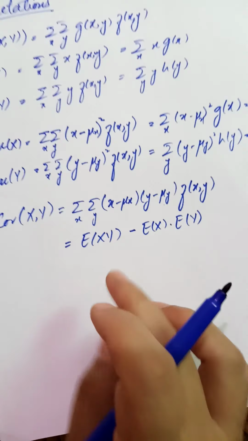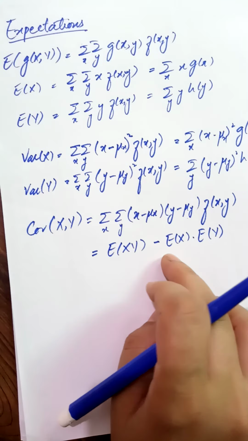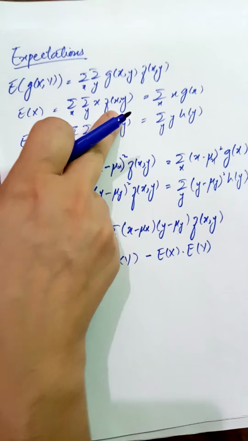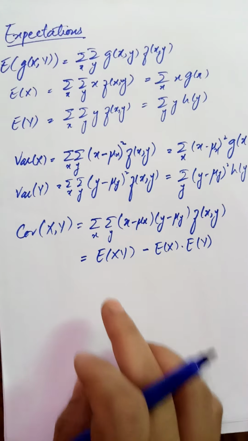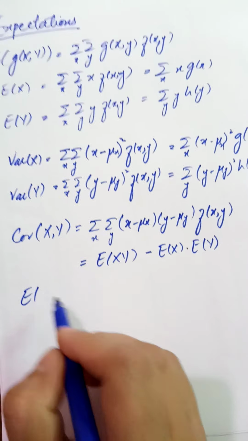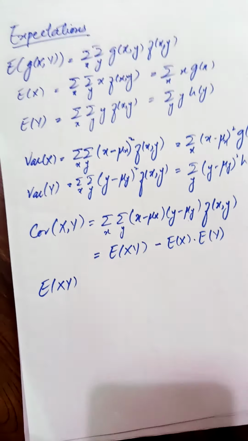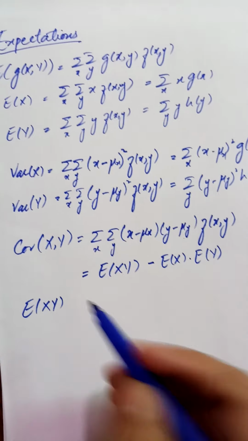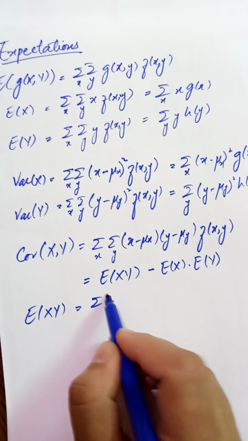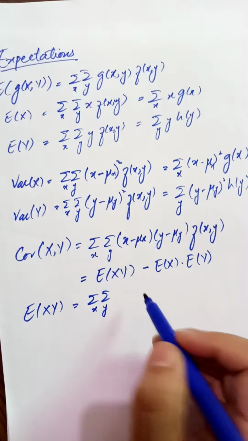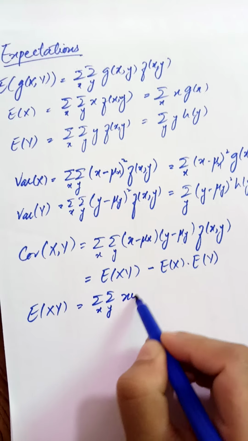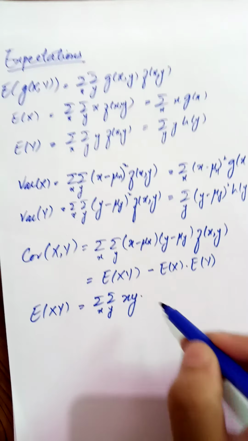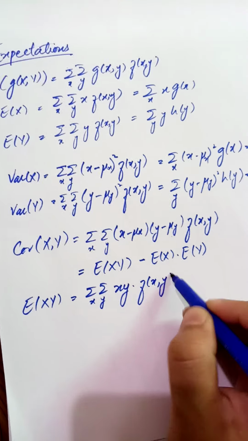So what is the expected value of x? We know the expected value of x and expected value of y; we have discussed them earlier. Now what is expected value of xy? We simply replace g of xy by x into y. So we get summation, one for x, one for y, of xy into their joint density.